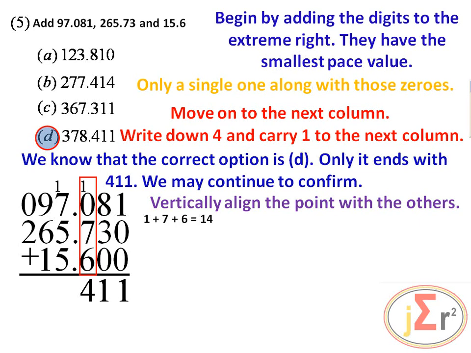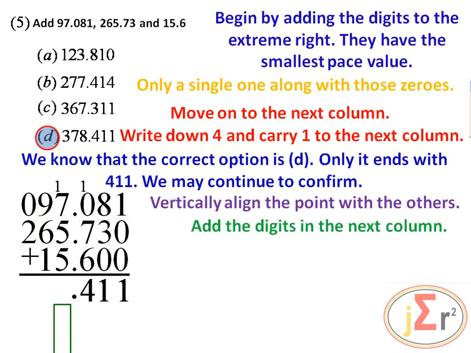So let us cause the decimal point to be vertically aligned with the decimal points that we have there already. Then what do we do? 5 plus 5 and 7 plus 1. That will give us what? 18. 18, right? Because we can see these 5s adding to give 10, and then we have 8 right there. So that's 18. Add the digits in the next column.